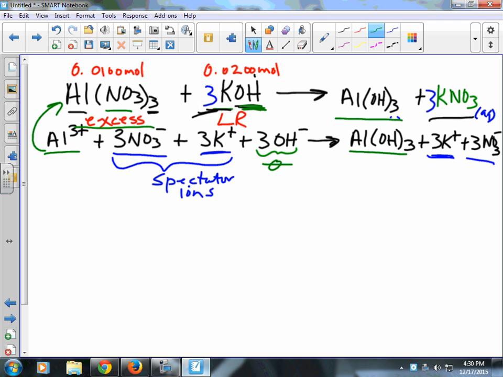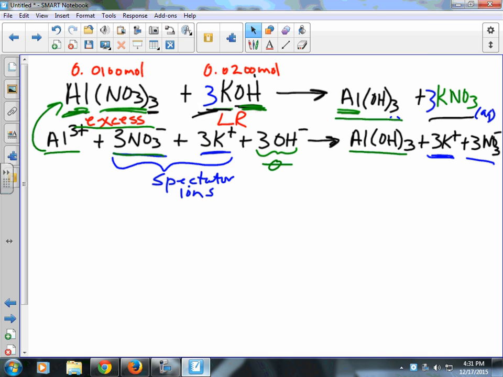What part of this aluminum nitrate reacted to form our precipitate? The aluminum did. Nitrate is spectator. Remember that. Nitrate is spectator. It's still there. It didn't react. But the aluminum, some of it did react to form precipitate.